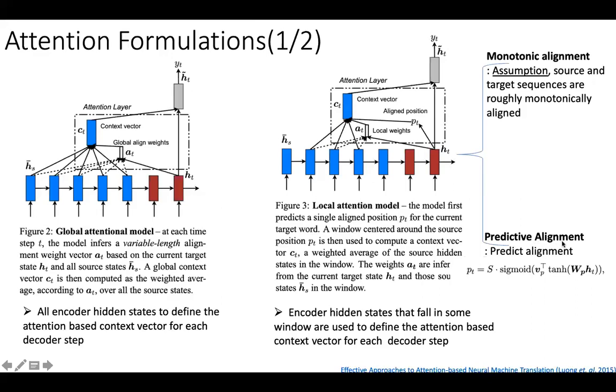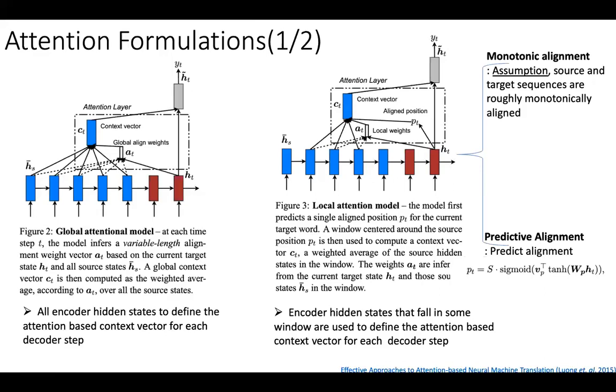this formulation for predicting the context. S is the length of the whole sentence, and sigmoid of v_p transpose is the v_p, and v and W are the trainable parameters, and s_t is the target hidden state, that is the target decoder hidden state.